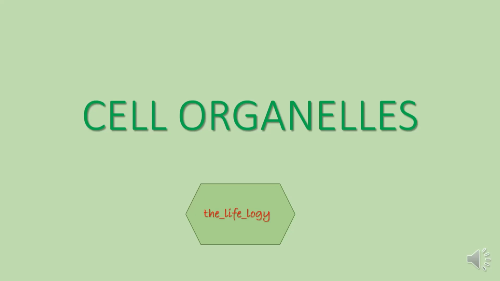Everyone, so here I am going to tell you about cell organelles. The cellular components are called cell organelles. These organelles include both membrane and non-membrane bound organelles present within the cell and are distinct in their structure and function.